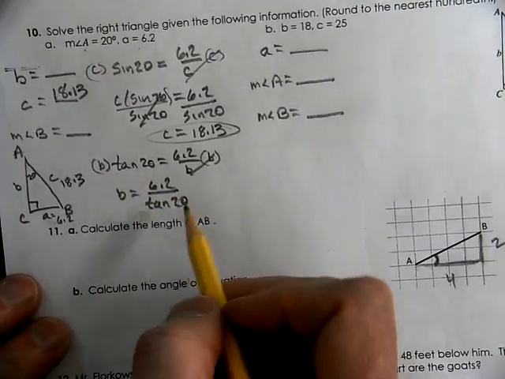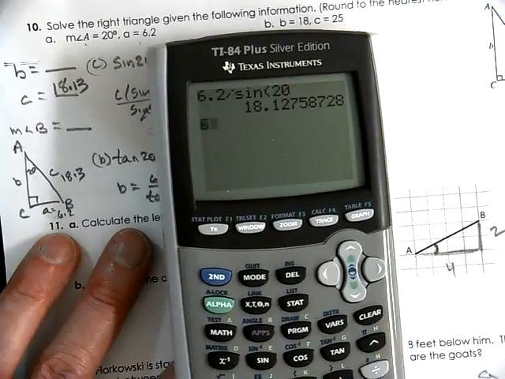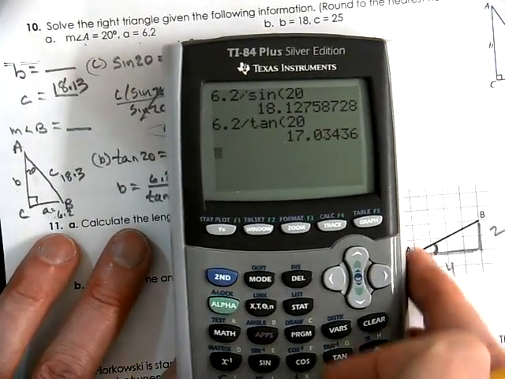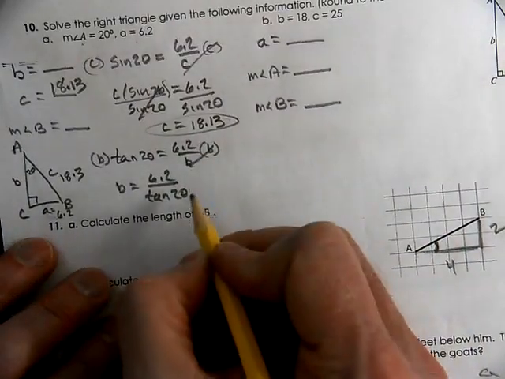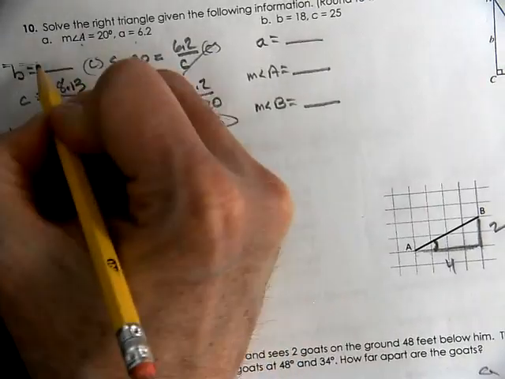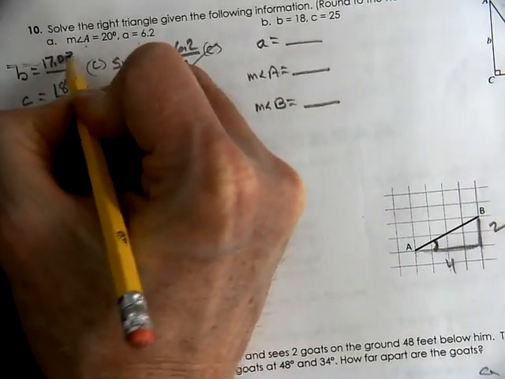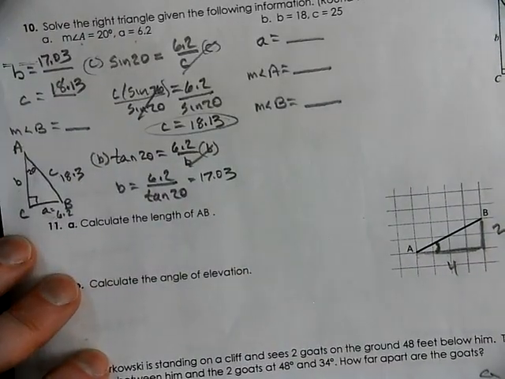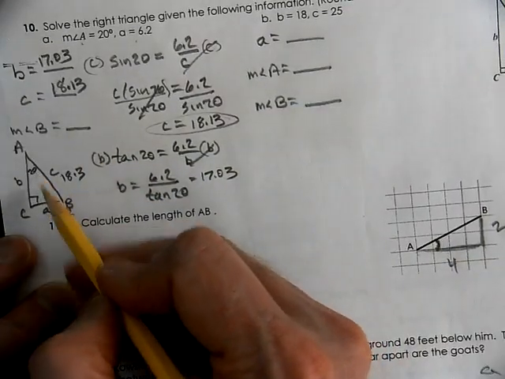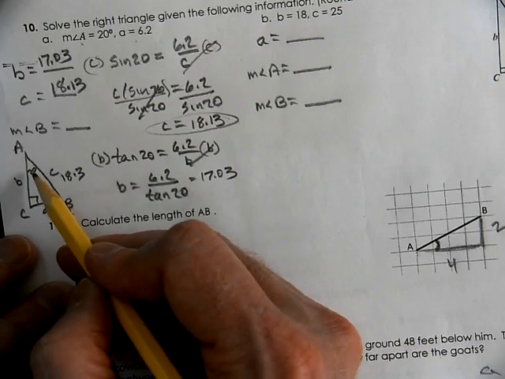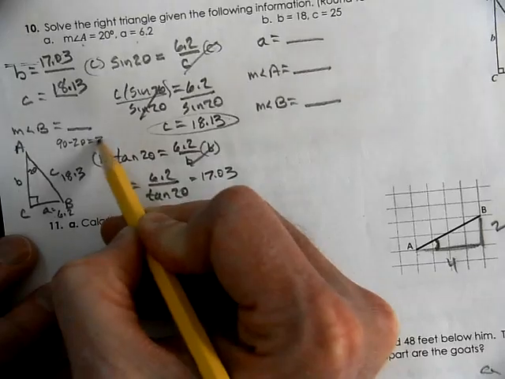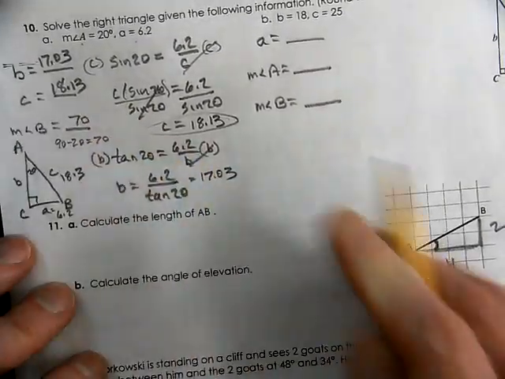You want the B by itself. So 6.2 divided by the tangent of 20 gives me 17.03. And then our angle is going to be complementary with 20. So 90 minus 20 makes 70. This has to be 70.